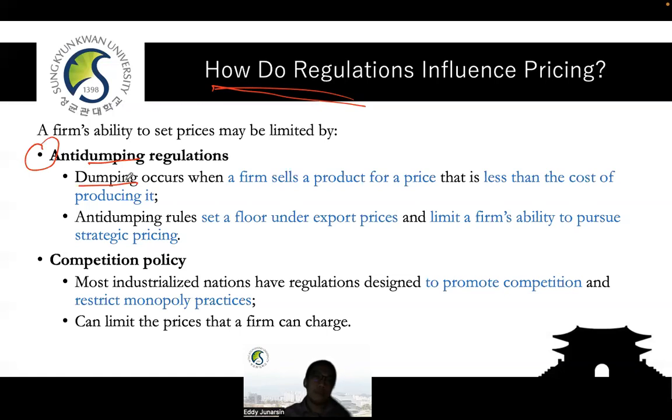You might want to affect the competition in a host country by intentionally selling your products at a price even lower than the cost, or at least lower than the selling price in your home country. We call it the dumping strategy.